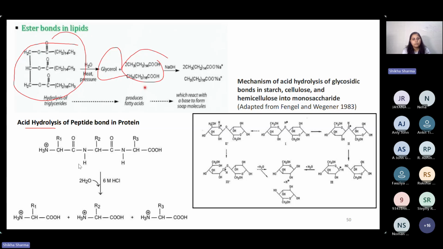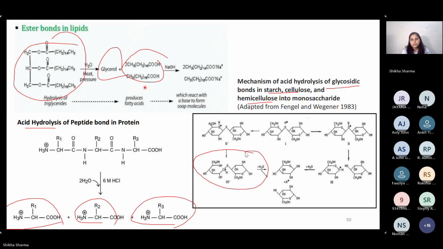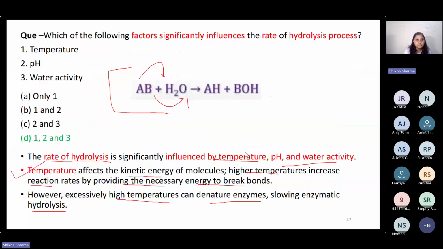So it can break the peptide bond and form different amino acids. And in glycosidic acid hydrolysis, it breaks down the glycosidic bond in the starch, cellulose and hemicellulose, and converts it into basically monosaccharides. So mainly affecting parameters are temperature, pH, and water activity in the hydrolysis process.